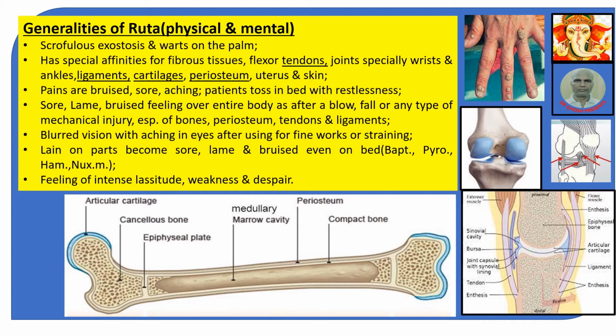Now here there are so many structures I have named: tendon, ligament, cartilage, periosteum. Let us see what they are. As a doctor you must know what a tendon is. See this picture. This is a joint. This blue colored structure is actually cartilage.